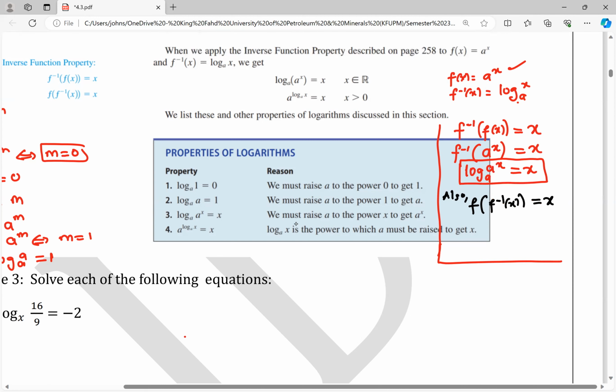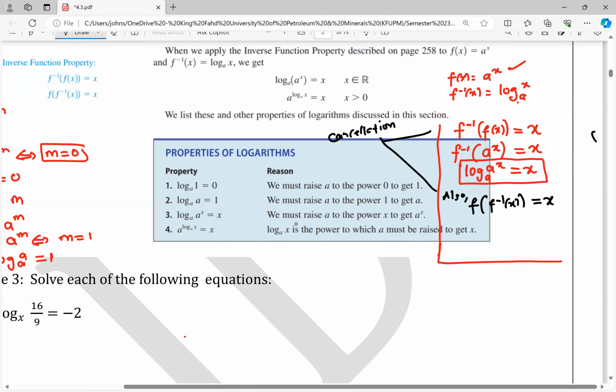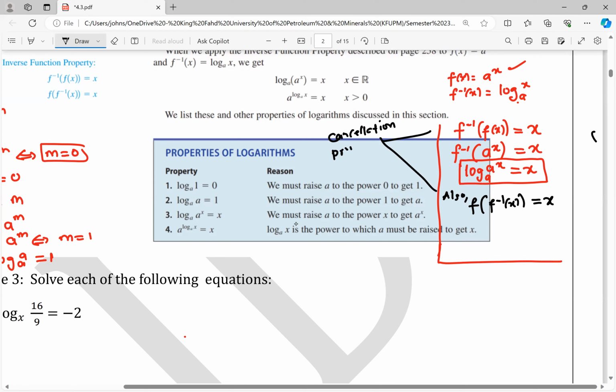These two are what we call the cancellation properties. We discussed this in 2.8. This is always true for any function and its inverse.